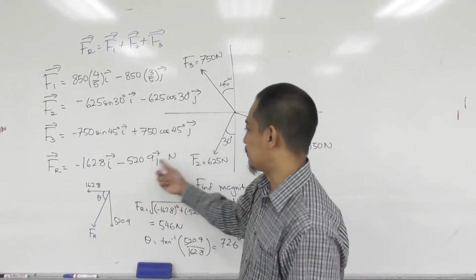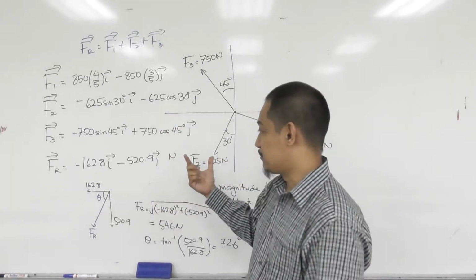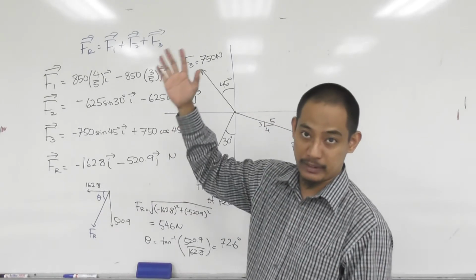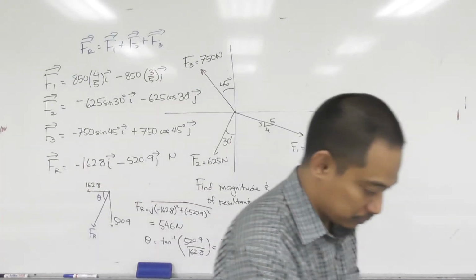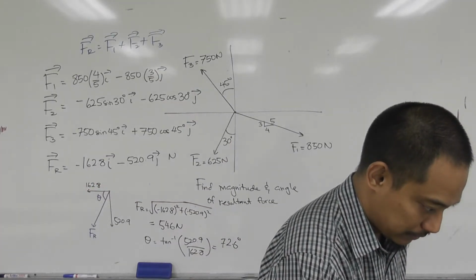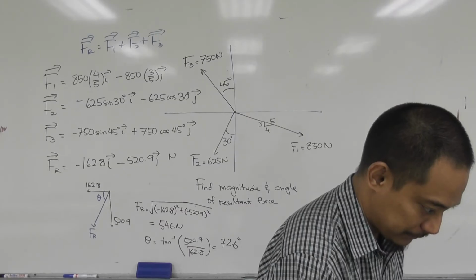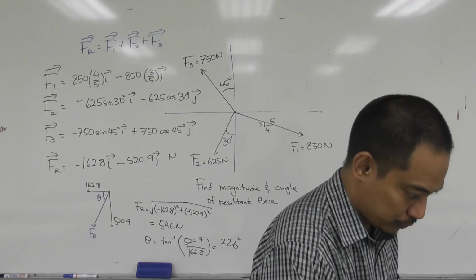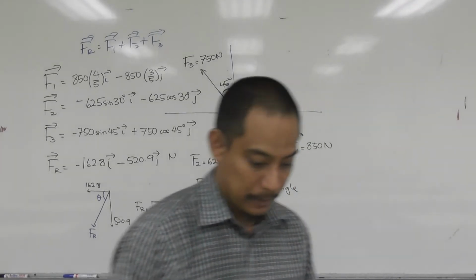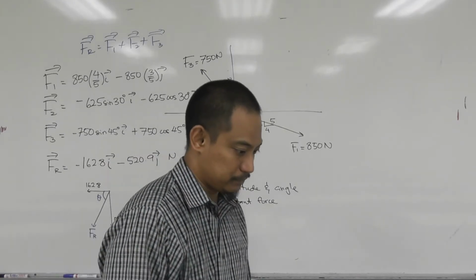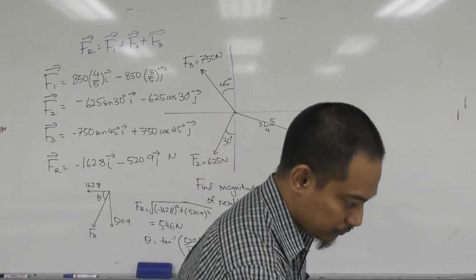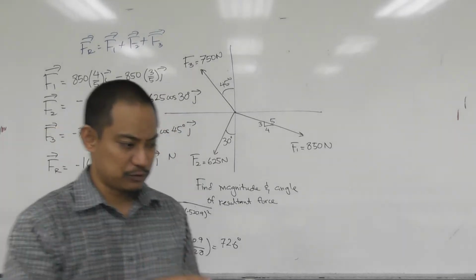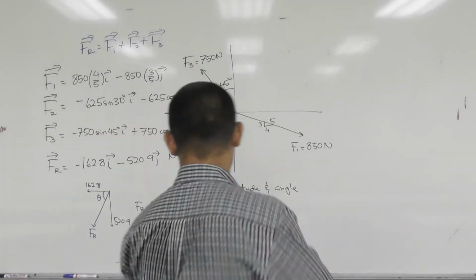In this case, there's no k because we are still coplanar, in one plane. So we go into the 3D calculation. Now, if you go through the slide, I'll erase this first.